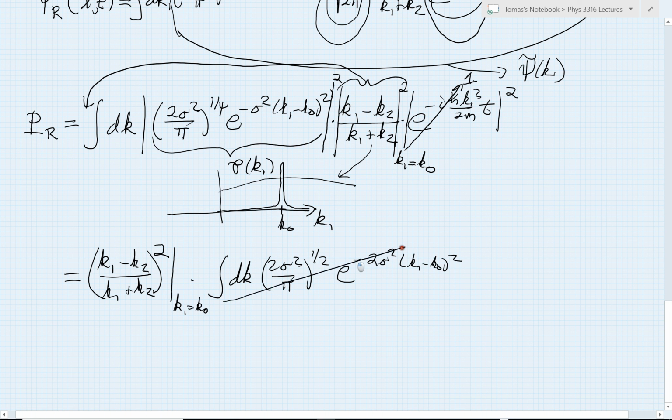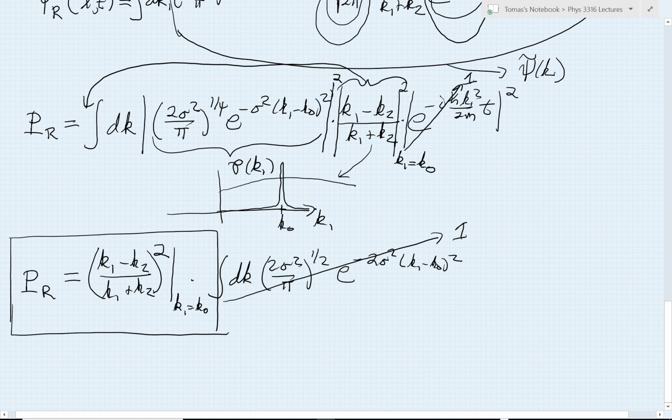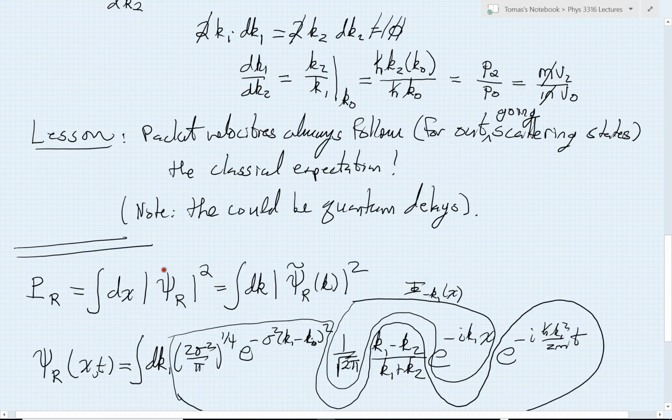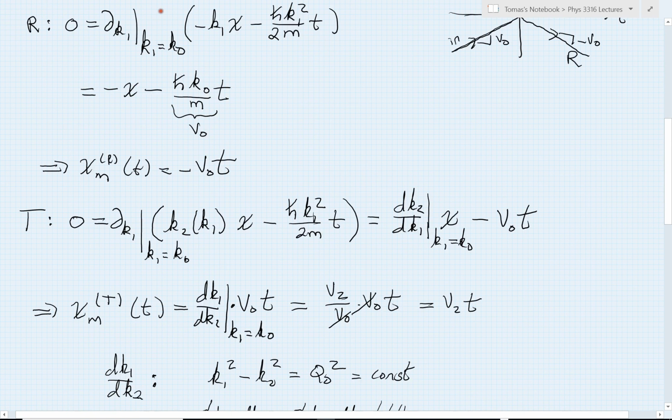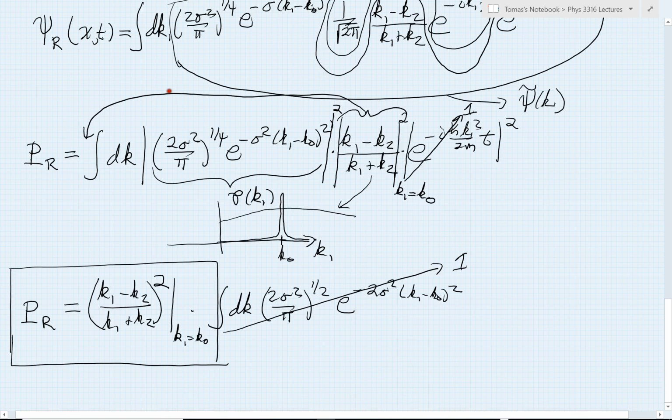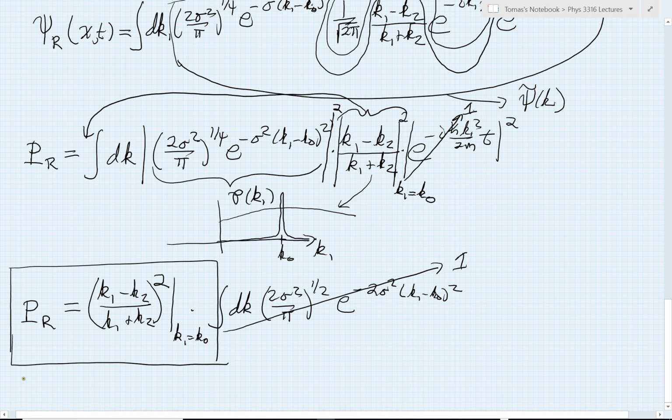So this entire expression evaluates to 1, and I have a very simple answer for my probability of reflection. All it is is just the size in front of the reflected piece, but squared, because we always get probabilities by squaring things in quantum mechanics. Very good. So that finishes our formal analysis of this problem.